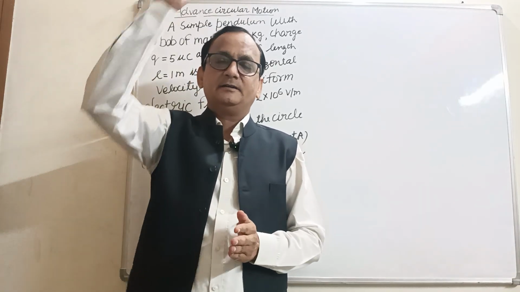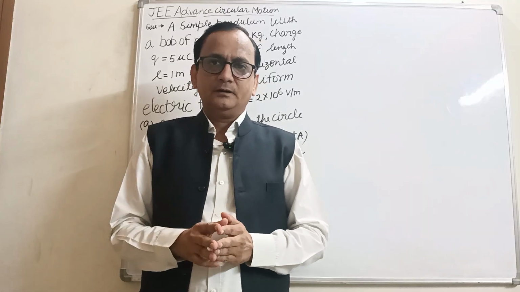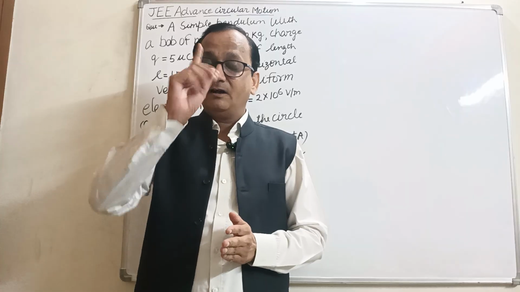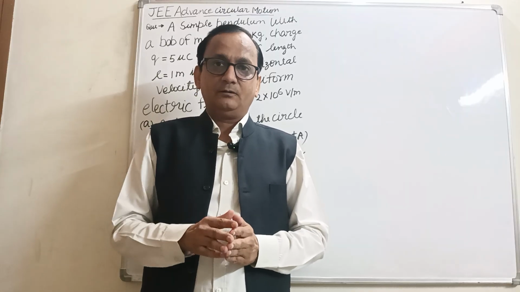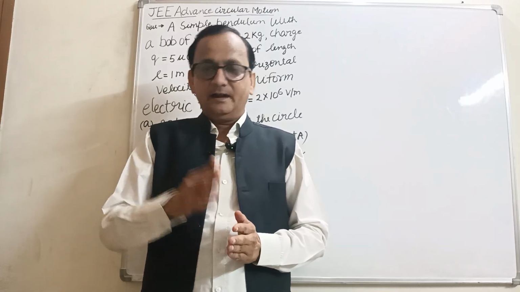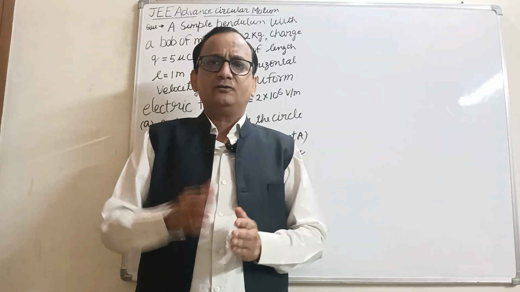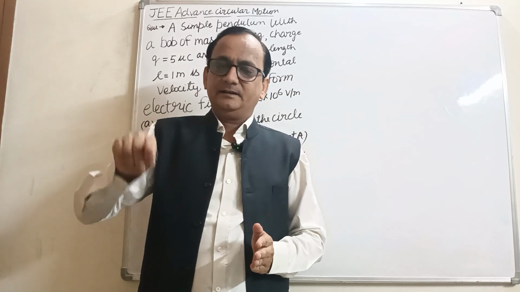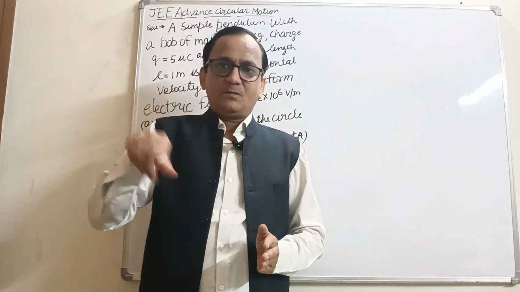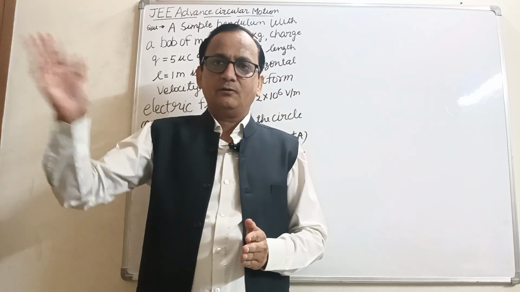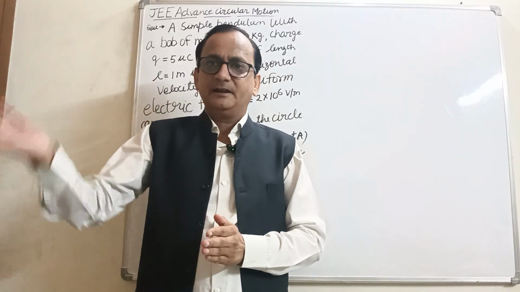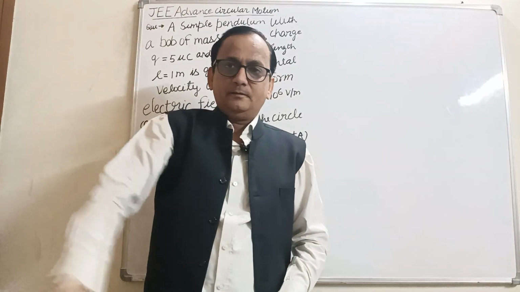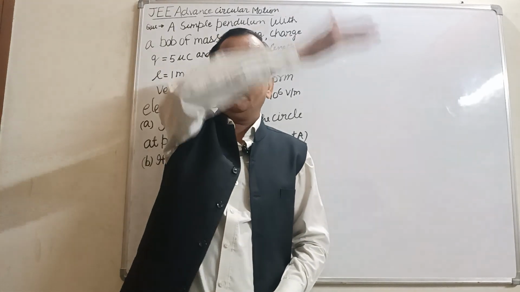The velocity at the top would be root gl, and at the bottom it is root 5 gl. This is the motion of the bob in a vertical plane.